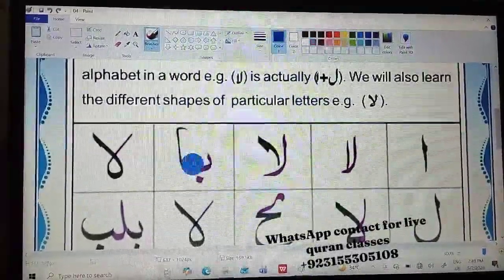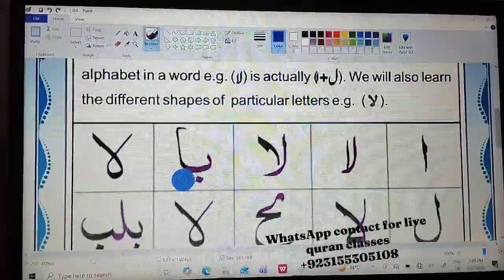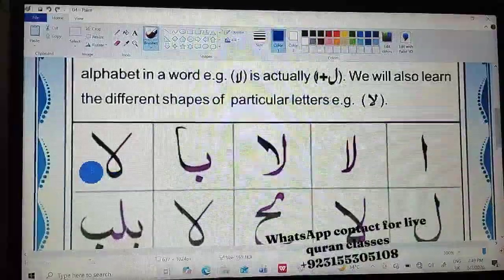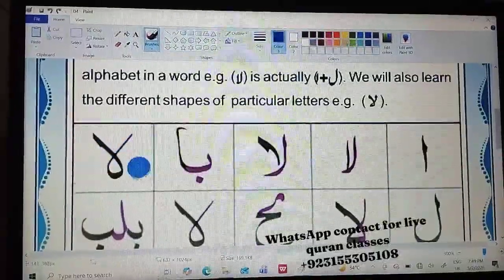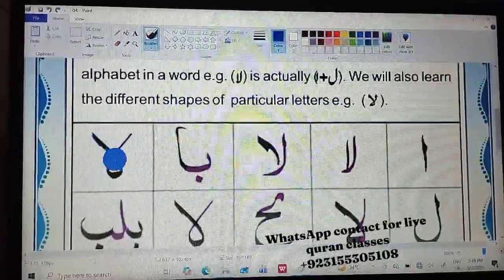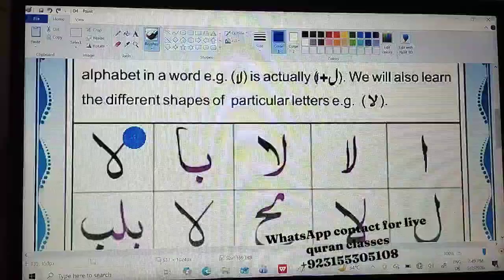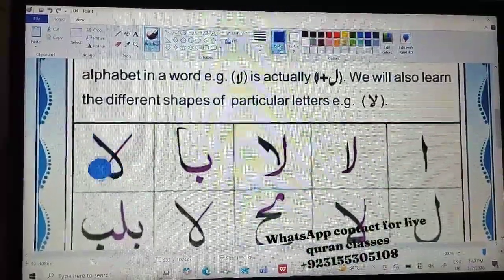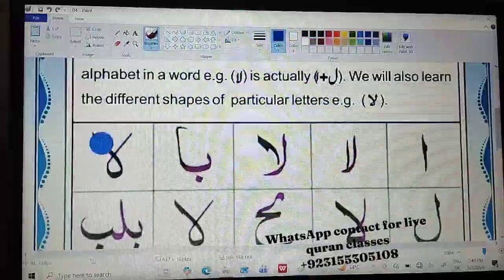Ba Alif, and again here this one is Lam Alif. The black color is Lam, and the red one is Alif. So this is Lam Alif.